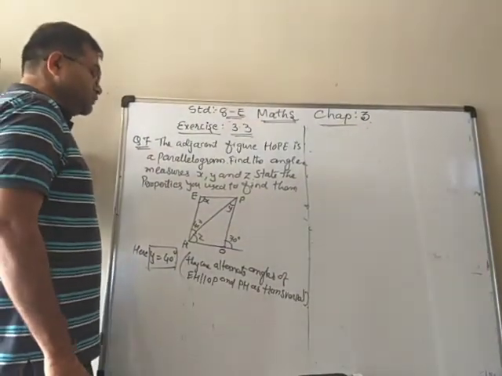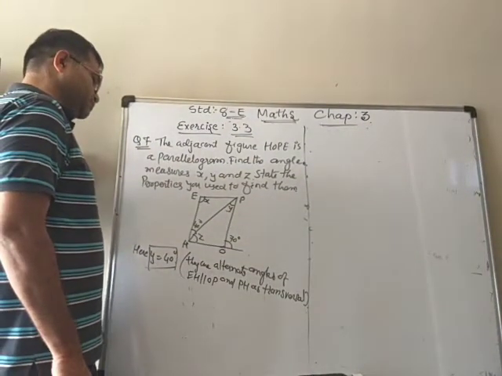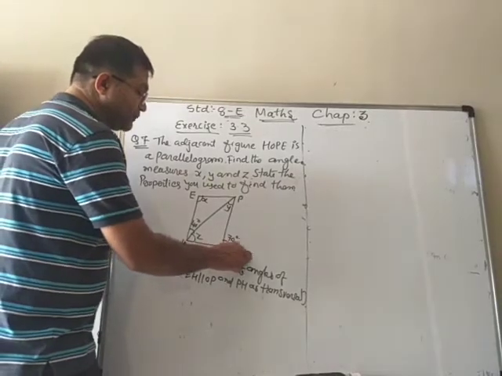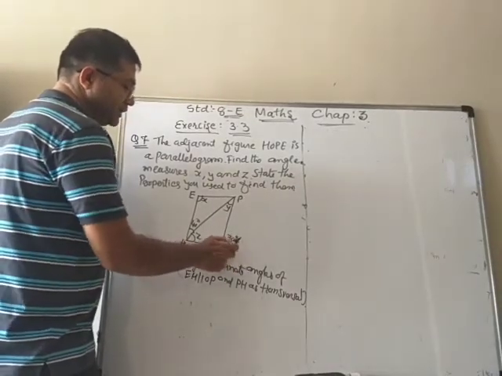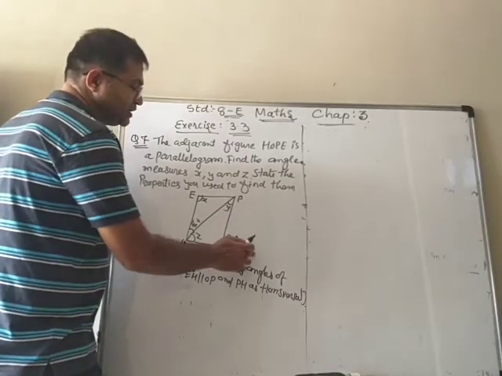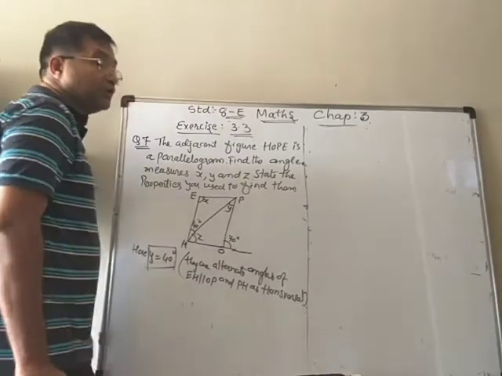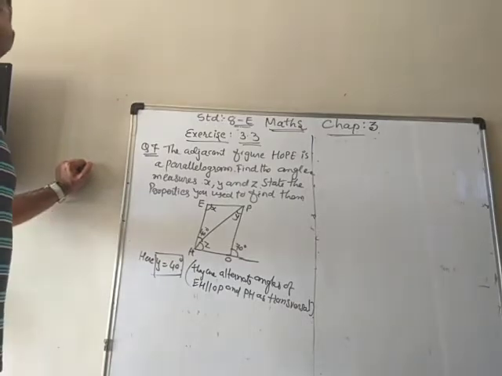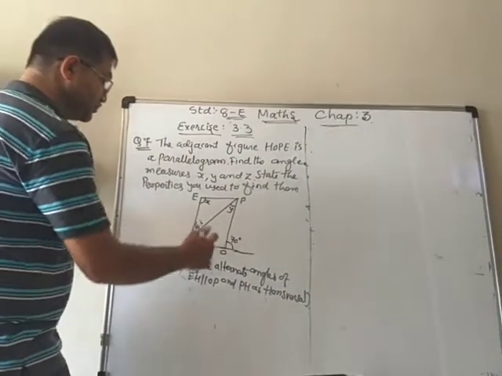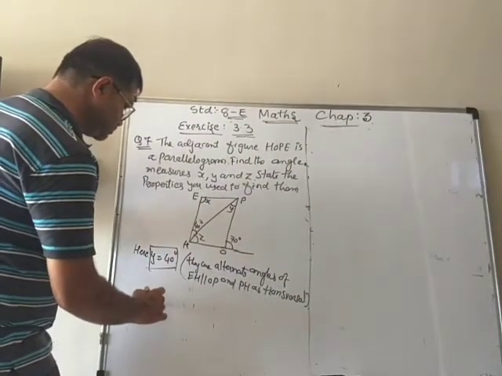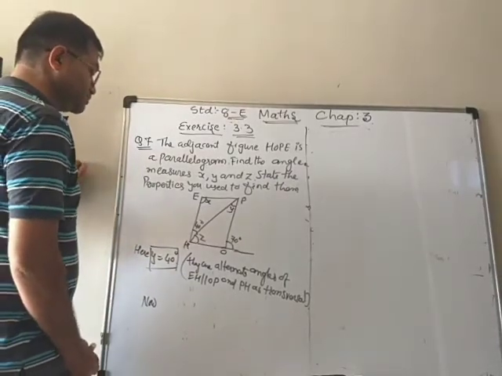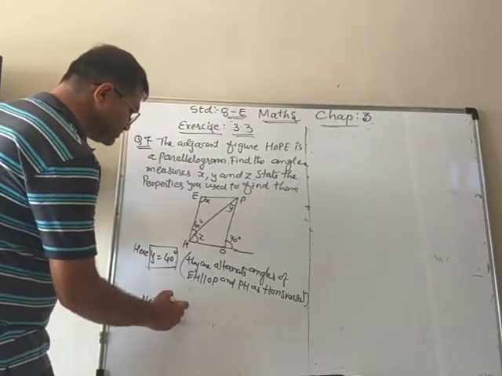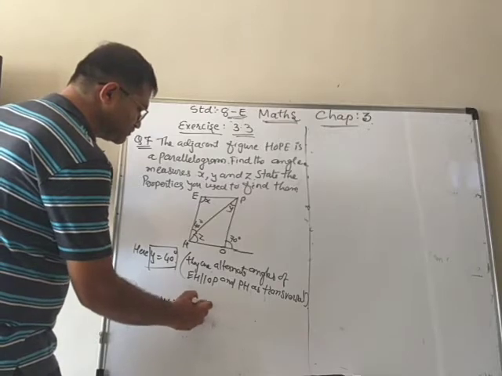Now we know the exterior angle property, that measure of exterior angle is equal to sum of its remote interior angles. So now Y plus Z is equal to 70.